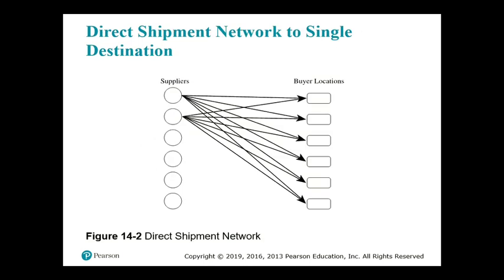The first design is direct shipment to a single destination. This is the most straightforward, right? Say we have a number of suppliers and a number of buyers, and the shipment from the supplier to a buyer is by directly connecting those two. I just send a dedicated truck to transport whatever I want to ship to this buyer.